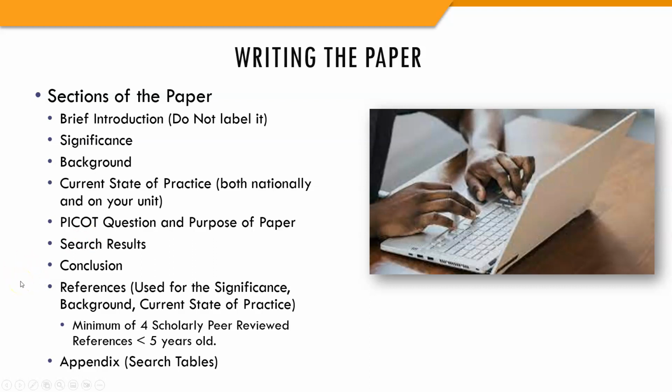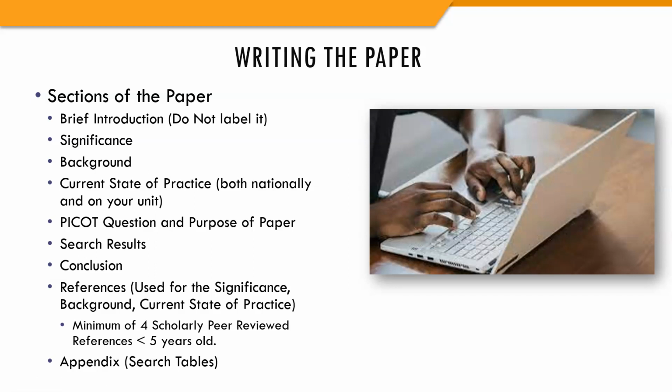Now, these references are not the ones that you search during your evidence search. These are the references that you used when writing this paper to support what you're writing for the significance, the background, and the current state of practice. The minimum required is 4 scholarly peer-reviewed references.